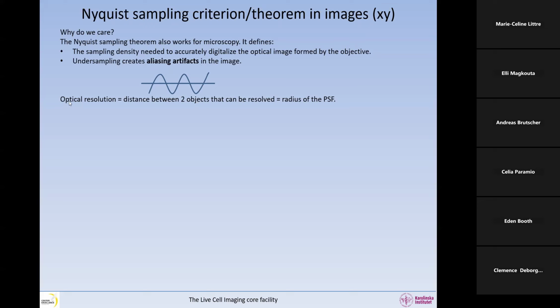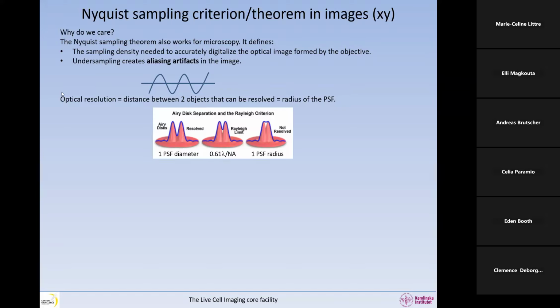And the optical resolution, as we know, is the distance between 2 objects that can be resolved by the objective. That corresponds to the radius of the point spread function: radius in XY, radius in Z. That is the optical resolution. We have seen this many times. And the limit of what we can resolve in this course, we say 0.61 emission lambda divided by the numerical aperture of the objective.